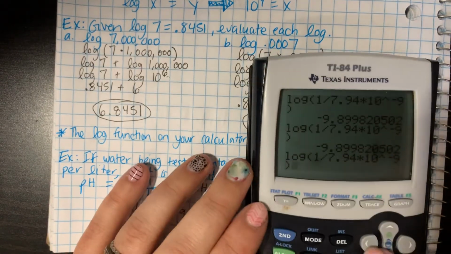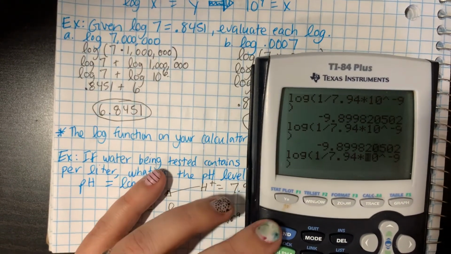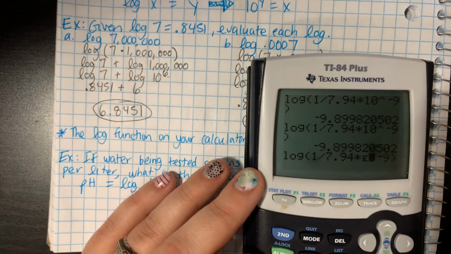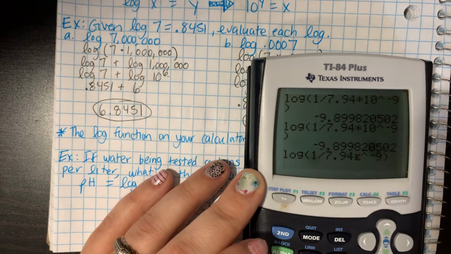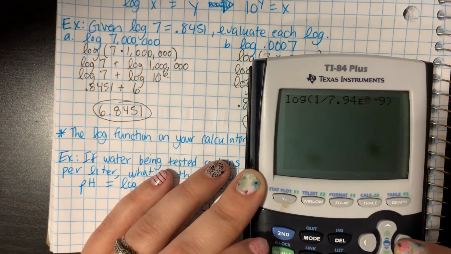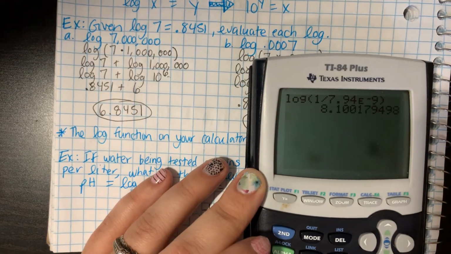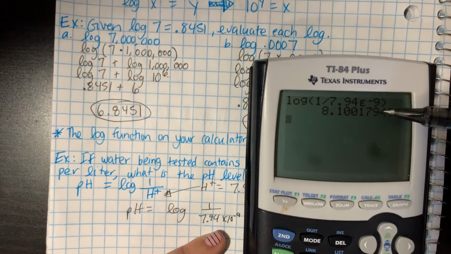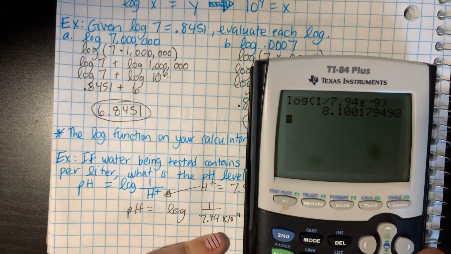Okay, let's try this instead. Instead of times 10, I'm going to put this EE button in. Ah, there we go. Okay, so the times 10 to the is the EE. I'll show you where that is.